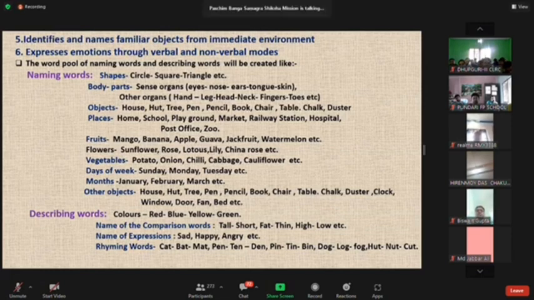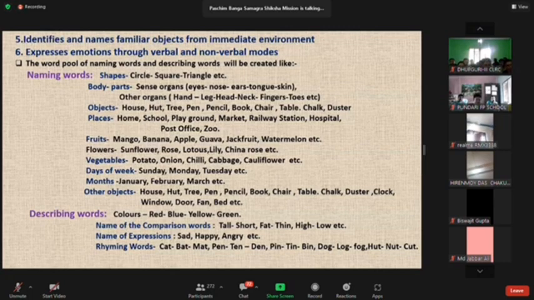Whenever we are introducing these objects, we can provide them with picture cards or blocks. As we have very recently received the TLM grant, we can use it here to give scaffolding to our children.